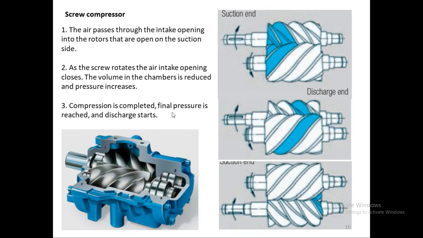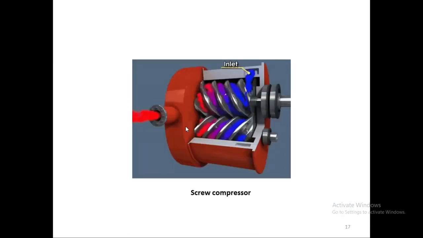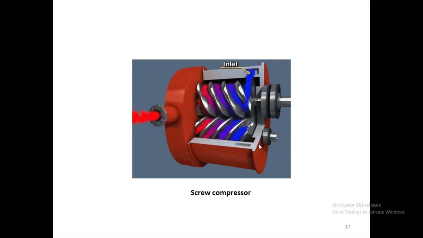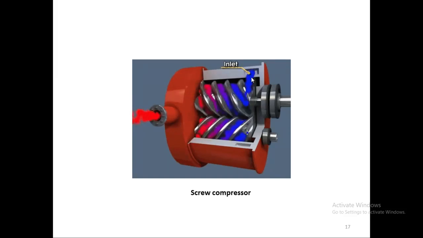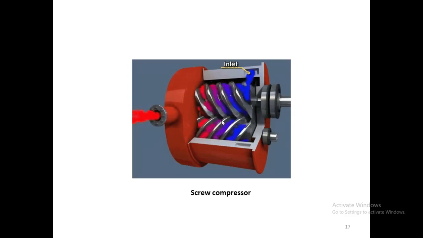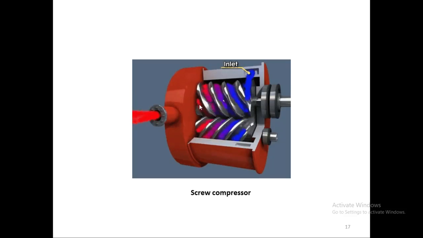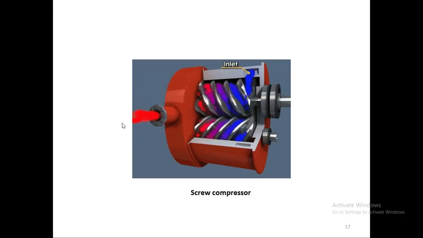Compression is completed, final pressure is reached, and discharge starts. So this is the example of the screw compressor, as you can see on your screen. From the inlet, the gas is coming in and it gets trapped between the two helical screws, its volume is being reduced, pressure is being raised, and it's discharged from the other end.